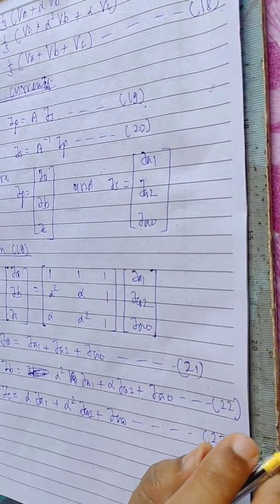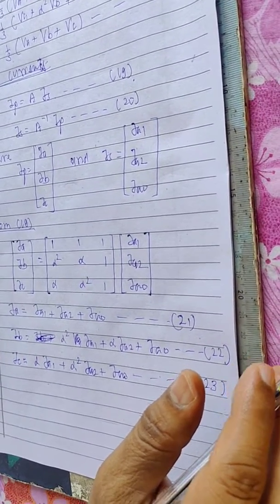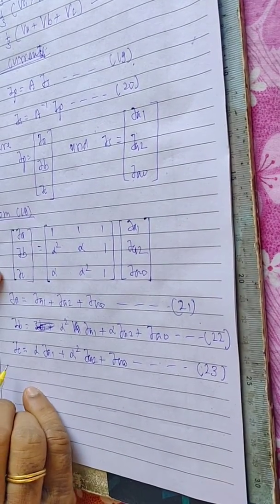Now from equation 20 we can find the symmetrical components in terms of the original phasors.